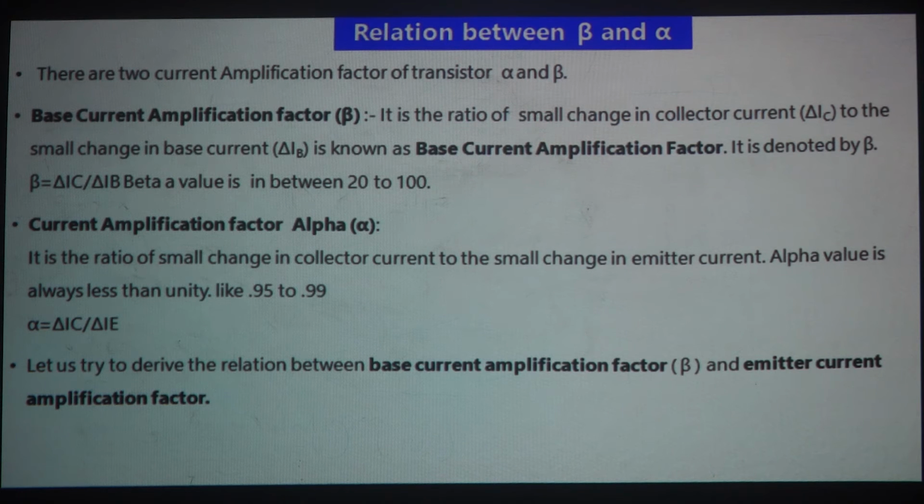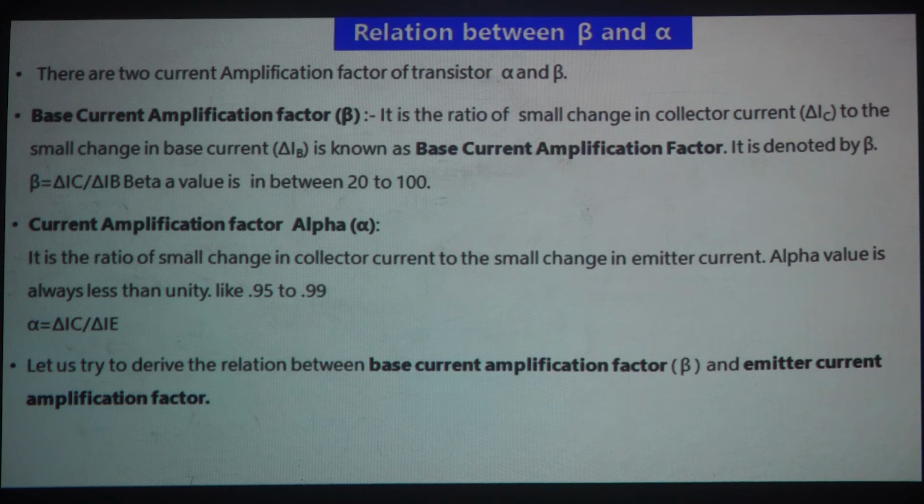Therefore beta is equal to delta IC divided by delta IB, and the value of beta is between 20 to 100. So this is about beta, the first amplification factor.